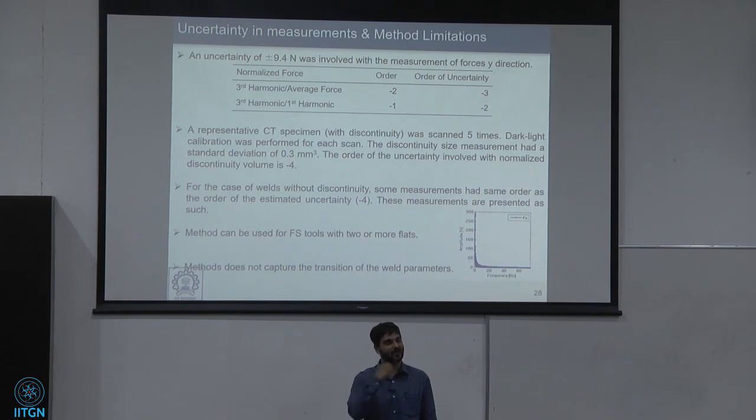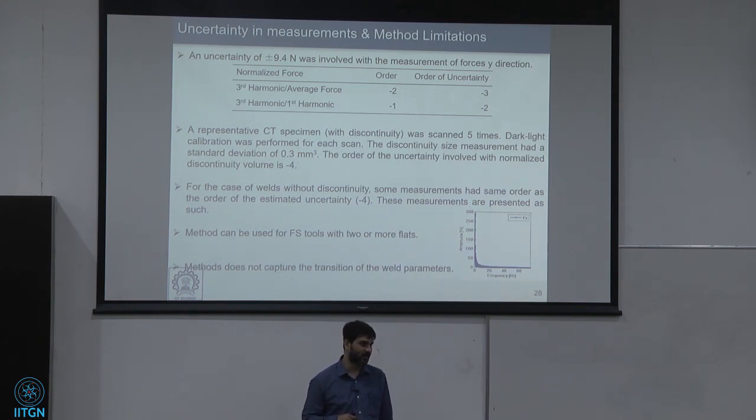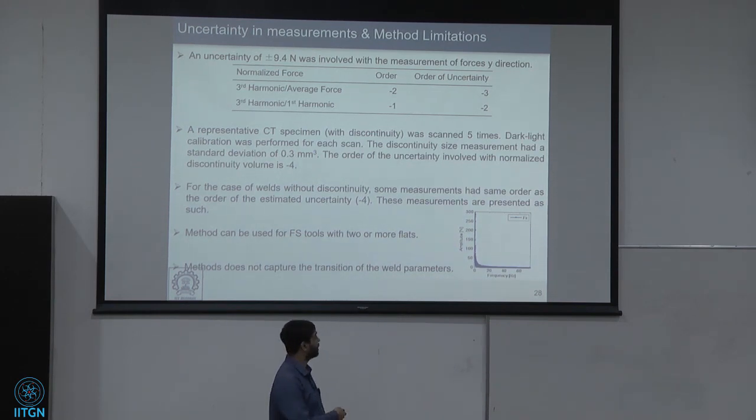And if we go by the earlier model where we said that the forces are proportional to the size of the material moving around the pin, and with a defect the amount of material moving around the pin reduces, we should see a severe reduction in the forces at the fundamental harmonic or tool rotation frequency.